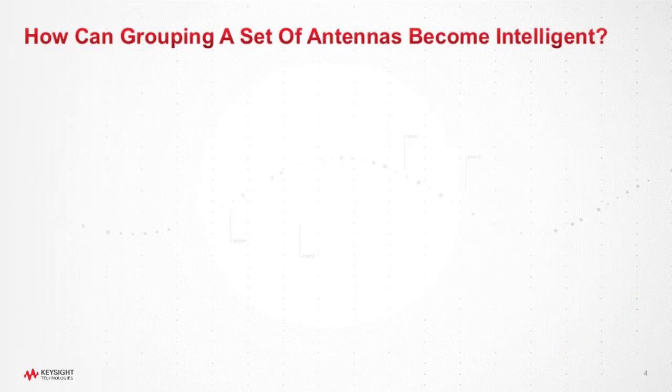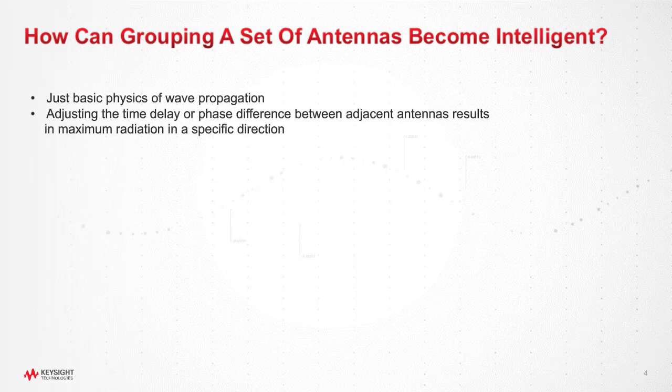How can simply arranging antennas in a geometry become intelligent? This can be explained by just basic physics of wave propagation. There are two simple equations as shown here. One is the time delay between the elements. The other one is the phase difference between elements.